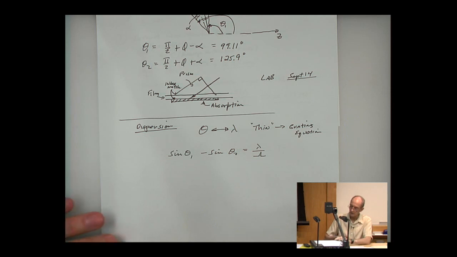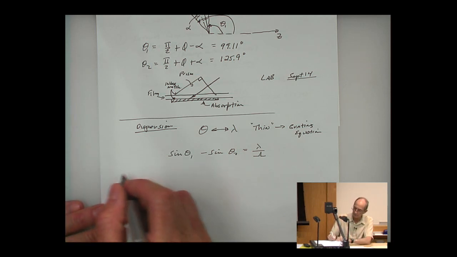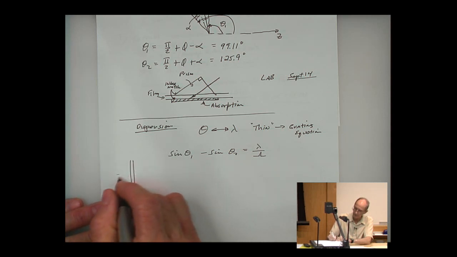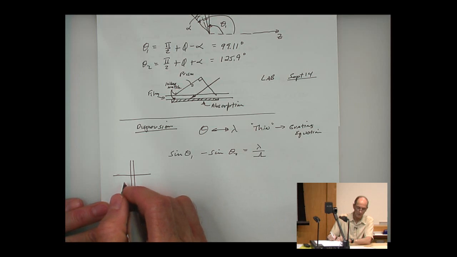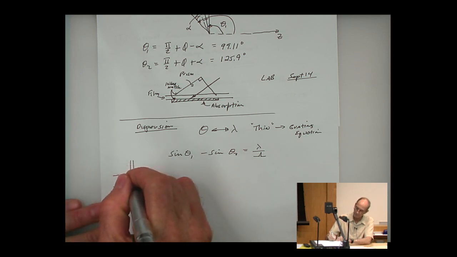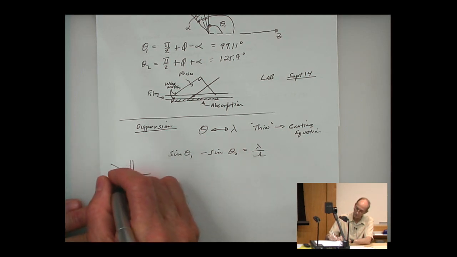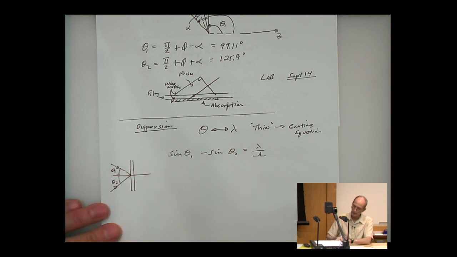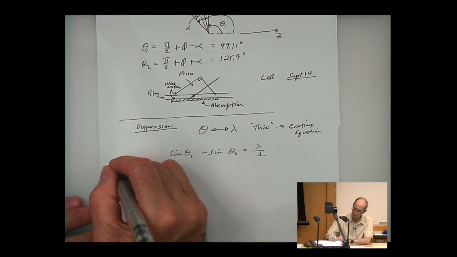And so, here's our grating here, and we come in at some angle, say theta 1 and theta 2. And then what if we change this angle a little bit?